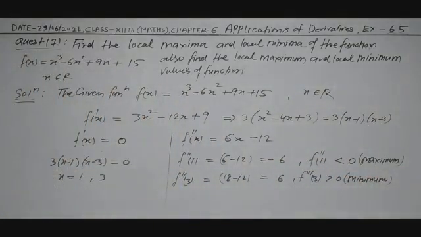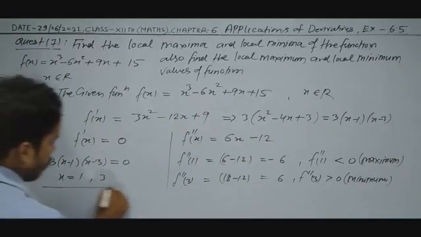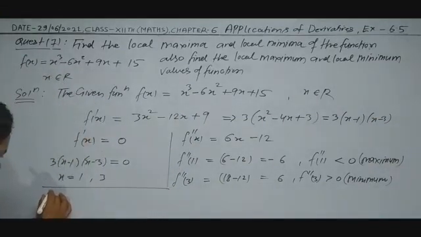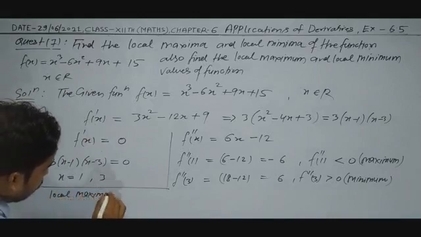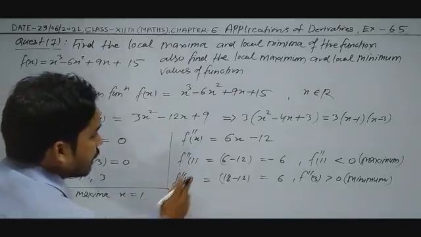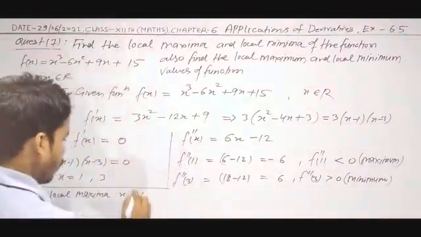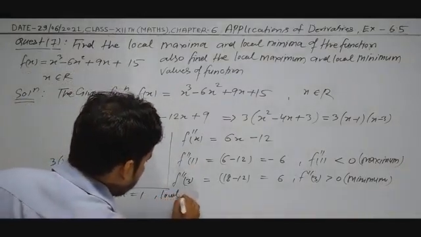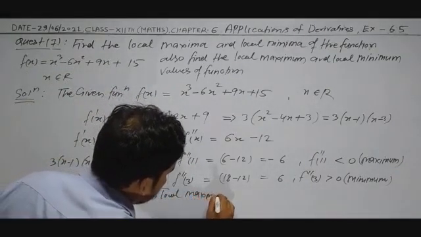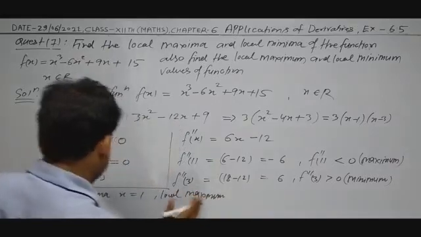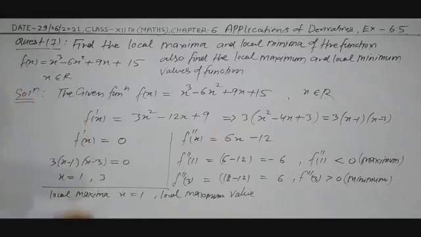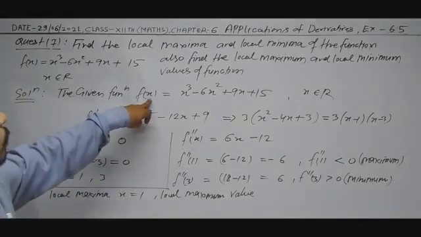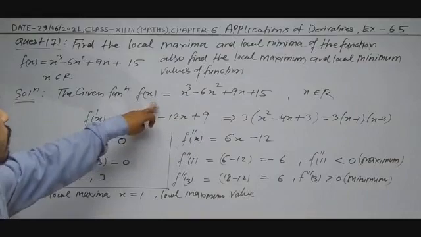So what will be the answer? The function attained the local maximum value, local maxima, at x is equal to 1, and the local maximum value at x equal to 1, you have to put this in the function.